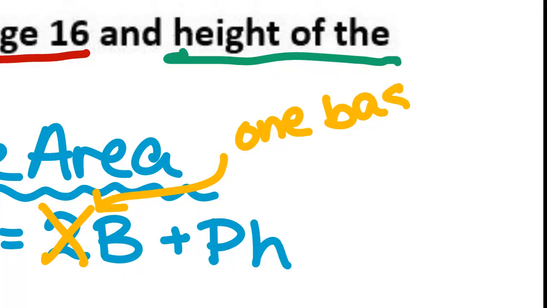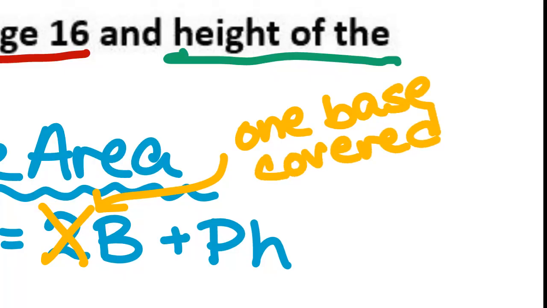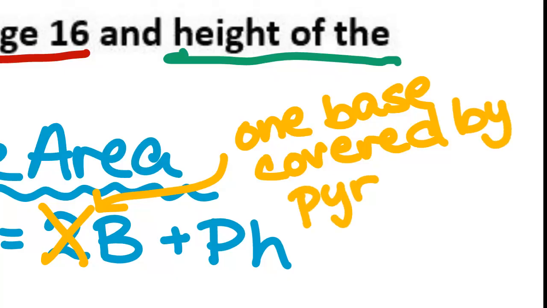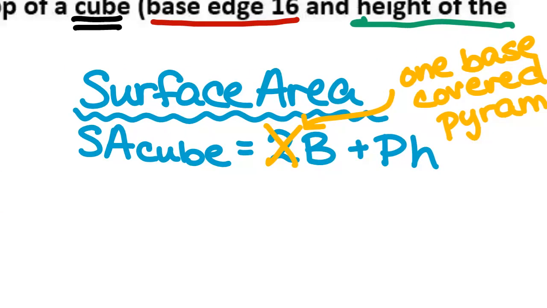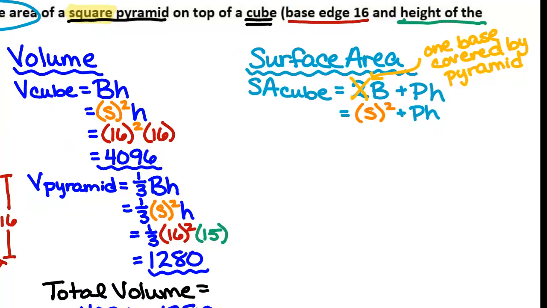One base covered by pyramid. All right, and the area of our base we find by doing side squared. So I would have side squared plus the perimeter times the height.